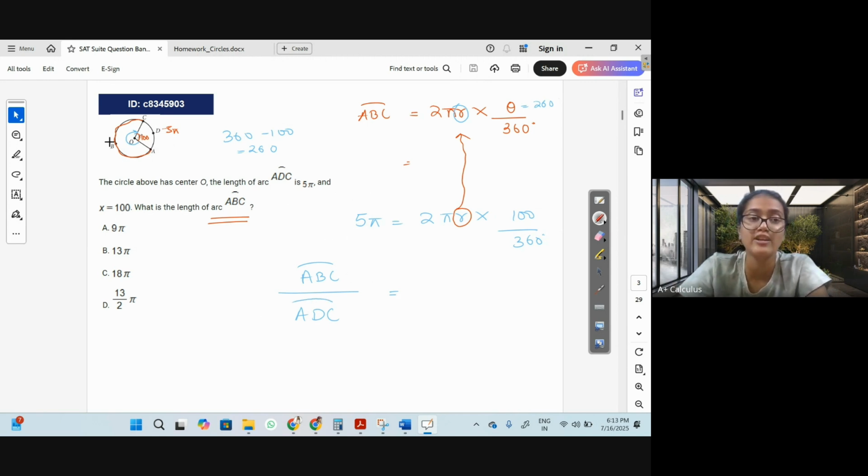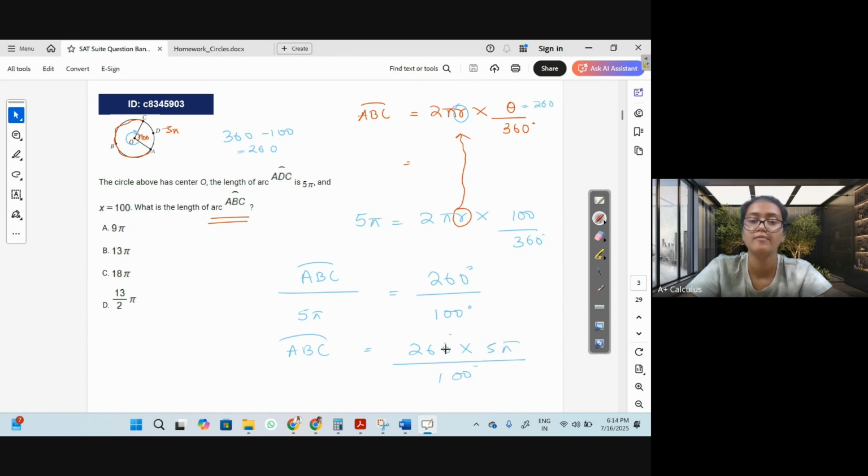The central angle of ABC is 260, and for ADC it is 100 degrees. You also know the length of arc ADC, which is 5 pi. Now you just have to cross multiply and simplify. It is going to be 260 times 5 pi over 100. This goes 2 times, this goes 13. So the answer will be 13 pi.